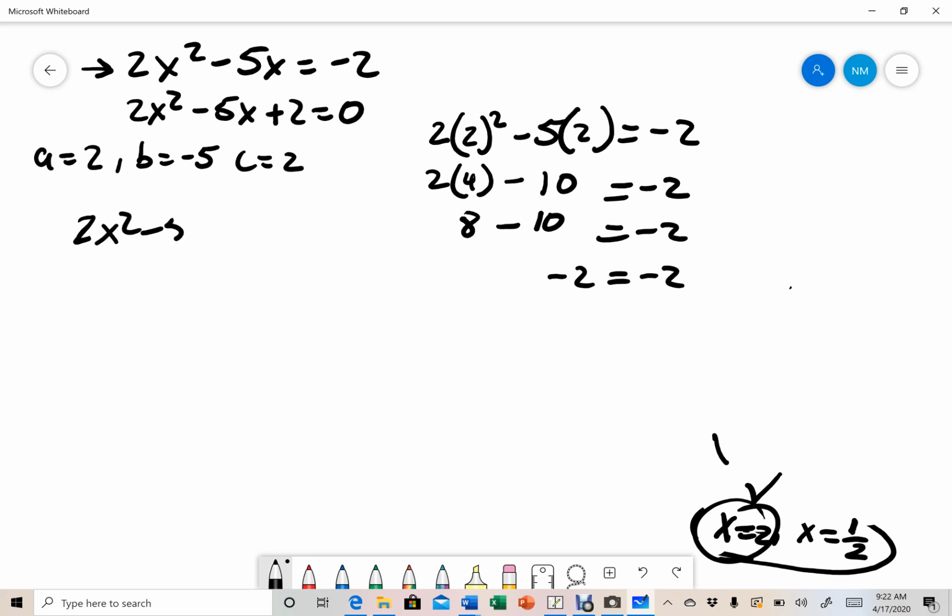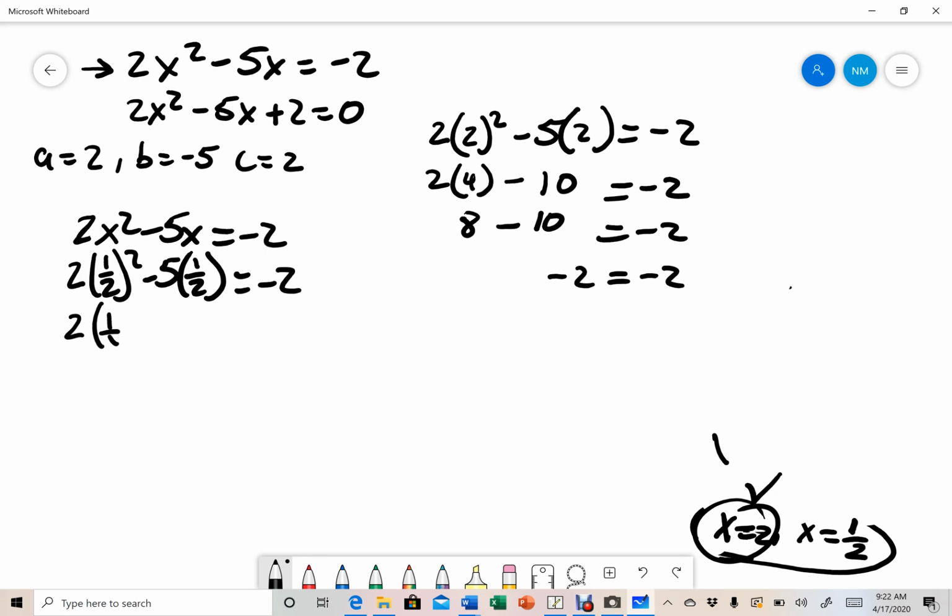2x squared minus 5x equals negative 2. And I'm plugging in 1/2. Okay, so 1/2 squared is 1/4, minus 5 times 1/2, 5 over 2, equals negative 2.